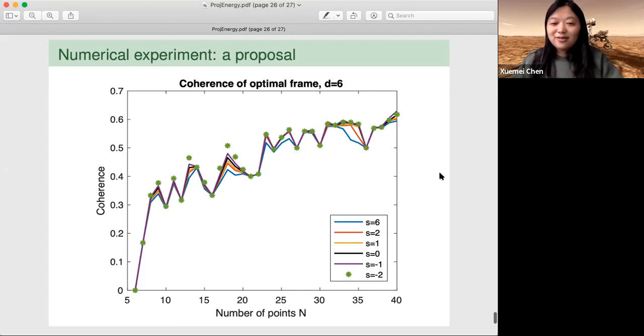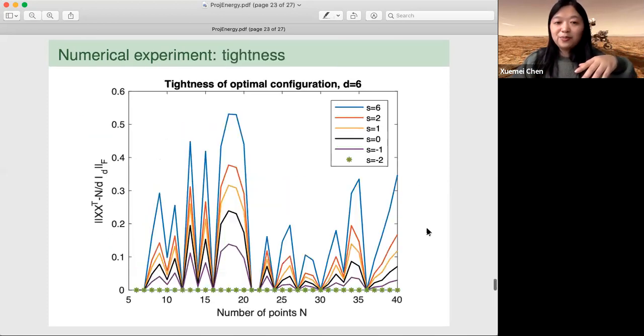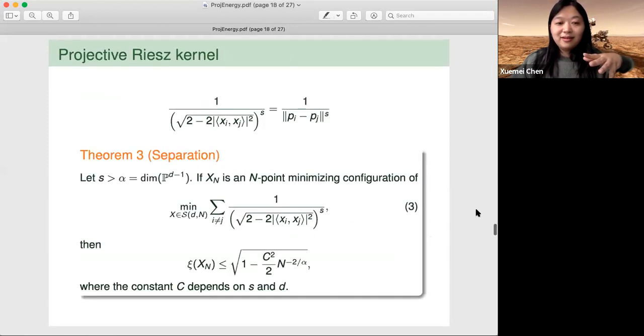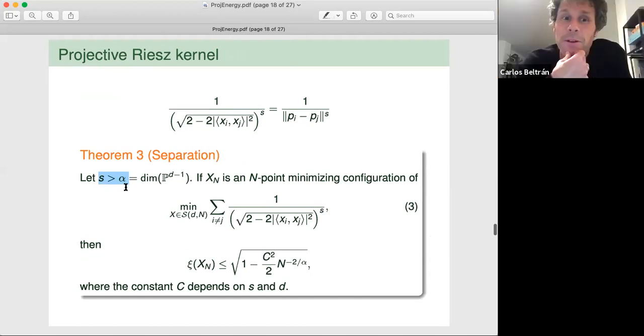There are other numerical experiments we tried where D equals only 3, and we tried other values of S. There are similar results, but yes, I believe we should also be able to have results for the separation even with small values of S. Well, that's a big open question in the case of the sphere, if I remember well.